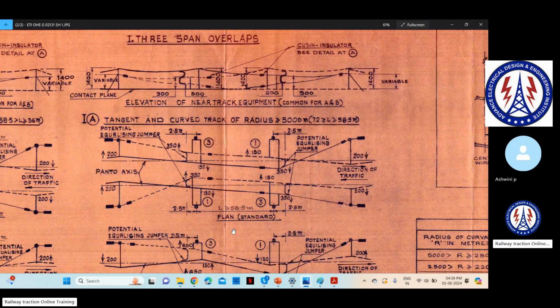You want me to show you the Delhi Metro's drawings?